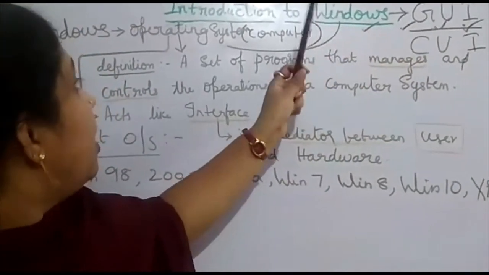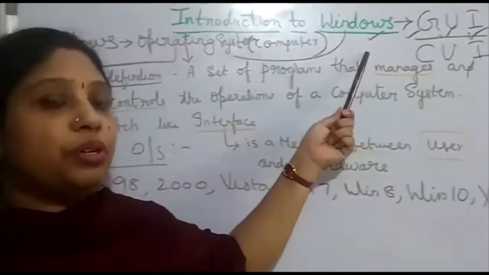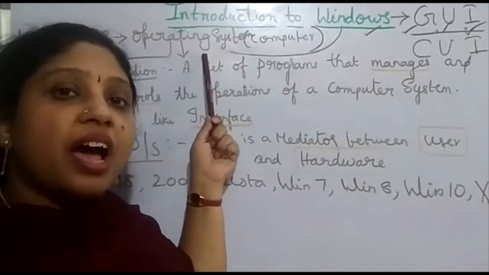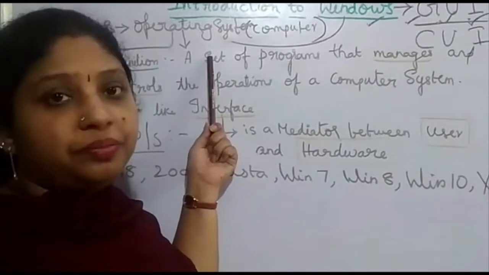Now next, our Windows is nothing but an operating system for the computer. What is an operating system? An operating system stands like an interface between the user and the hardware.